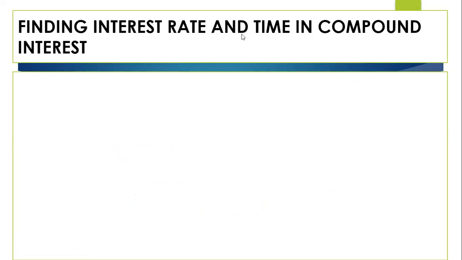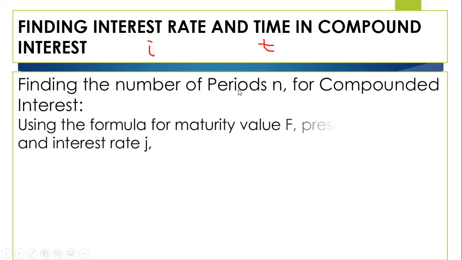Okay? So, paano naman kapag interest rate yung hinahanap, pati yung time? So, given yung principal or yung P and the F, ang nawawala naman is yung i and yung time T. Okay? So, these are the formulas.